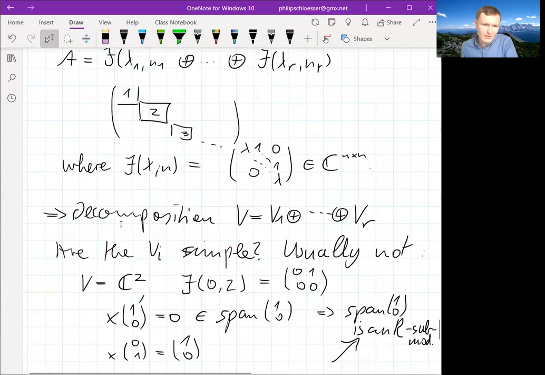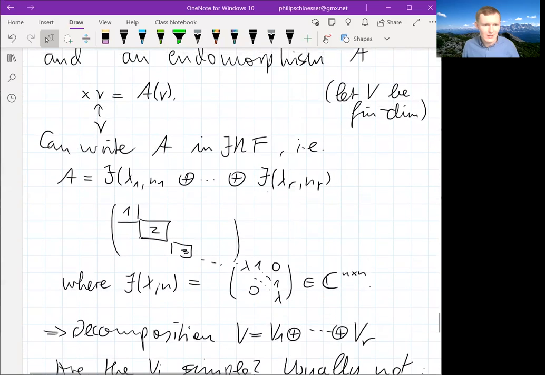And to be fair, this is the prime example of something that is not simple, something that doesn't decompose, because in representation theory you're always looking at whether the matrices that represent my groups can be written as Jordan blocks, or can they be diagonalized?